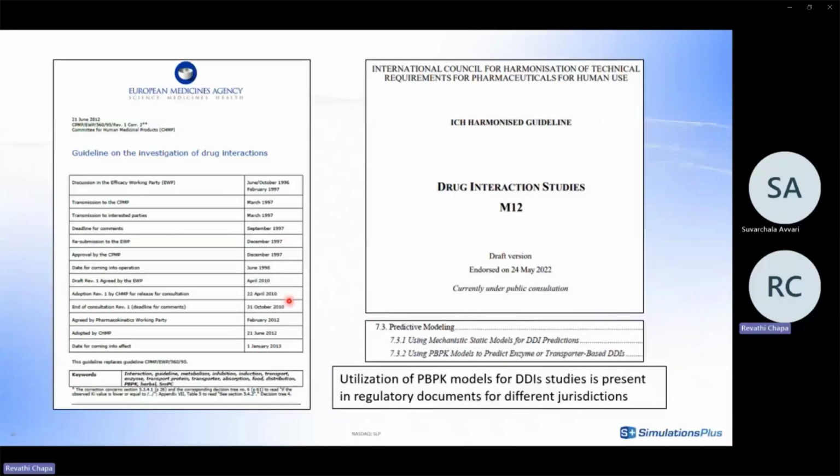These guidelines are very thorough in giving the sponsor clues on what kind of in vitro data needs to be generated, and what kind of clinical data is imperative to understand the mechanisms which are substantial for the absorption and elimination of the drug compound. They also guide you on how to use PBPK models, where you could avoid doing some of the clinical DDI studies with validated PBPK models.